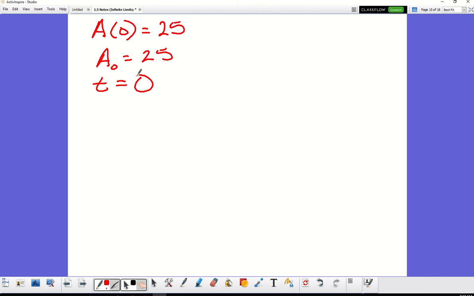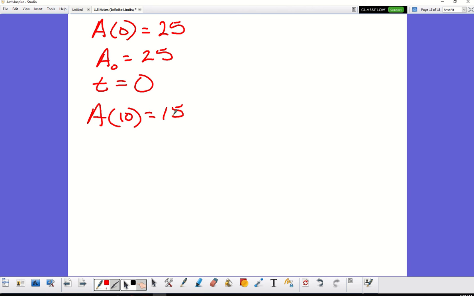So this is actually some serious algebra here. We have T is 0, A sub naught is 25, but now I also have another value. A of 10 is equal to 15.